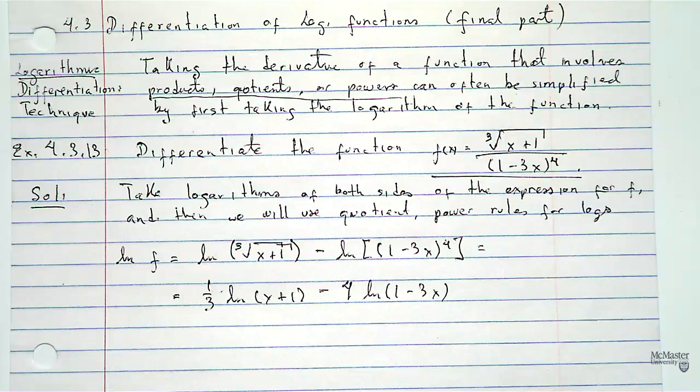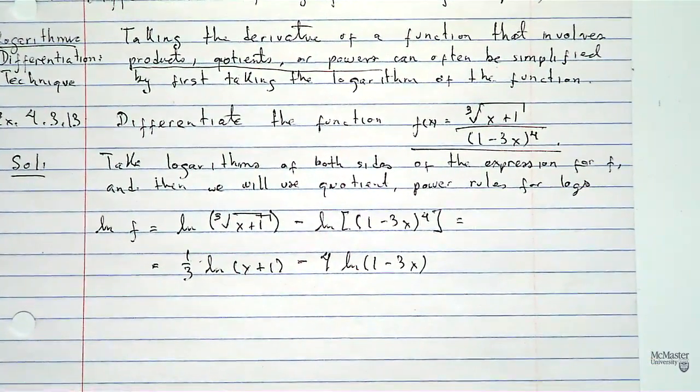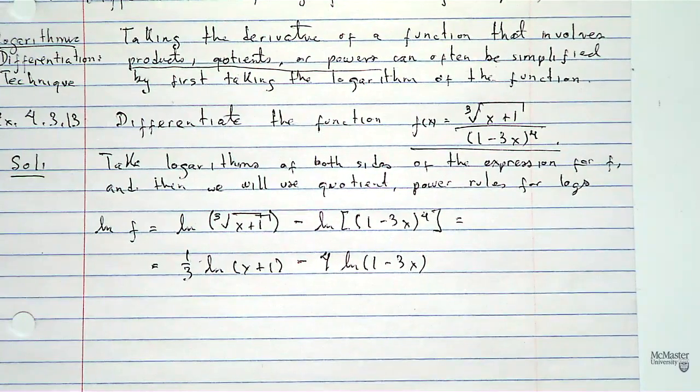I have not even taken the derivative. I've just taken the log of the function, because I will get a simpler expression when I take the derivative of the log. So at this point it's just log properties, but then we will see how the derivative of f comes up. And it comes because of the chain rule.